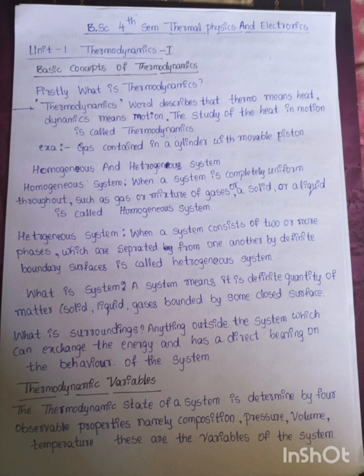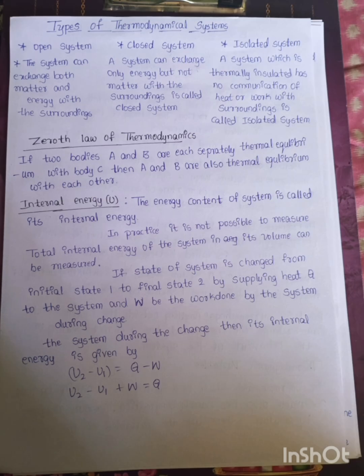We see the thermodynamic variables and types of thermodynamical systems. They are three: open system, closed system and isolated system. In an open system, the system can exchange both matter and energy with the surroundings.